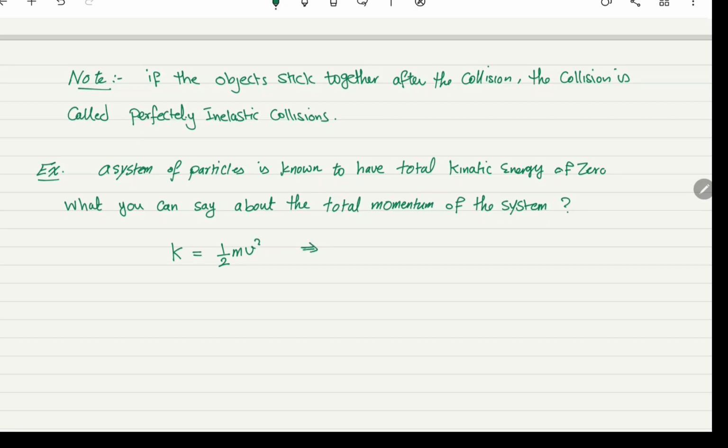Now, since the kinetic energy is equal to 0, this means v equal to 0, or in other words, all particles are at rest. Now momentum equal to mv, and v in this case is equal to 0, so the total momentum for the whole system is 0 as well. So p equal to 0.